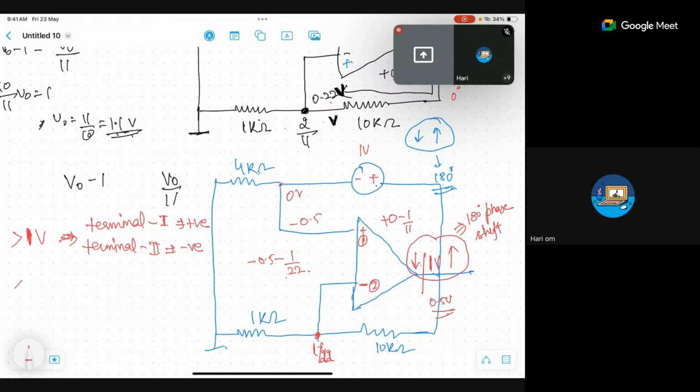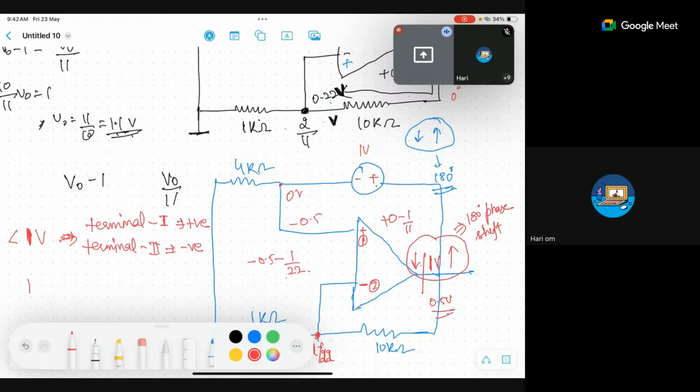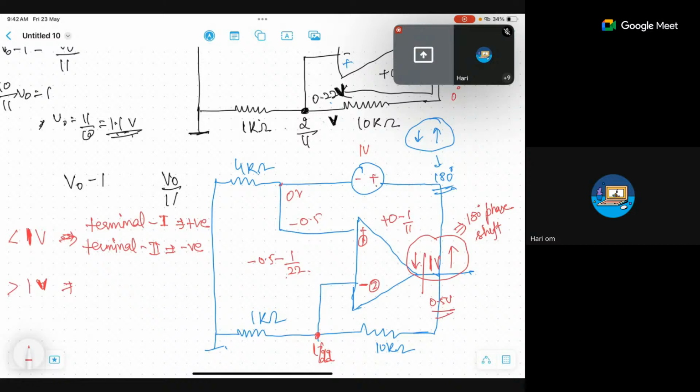Okay, if we apply, sorry, if we apply less than 1 volt, terminal 1 is negative and terminal 2 is positive. If we apply greater than 1 volt, then terminal 1 is negative and terminal 2 is positive.